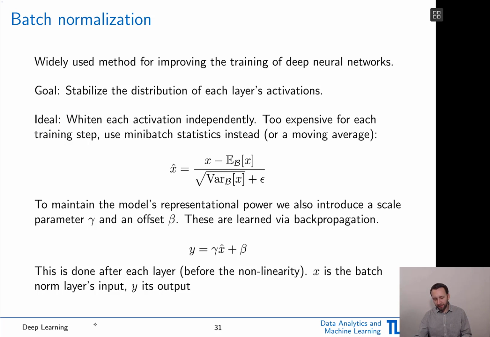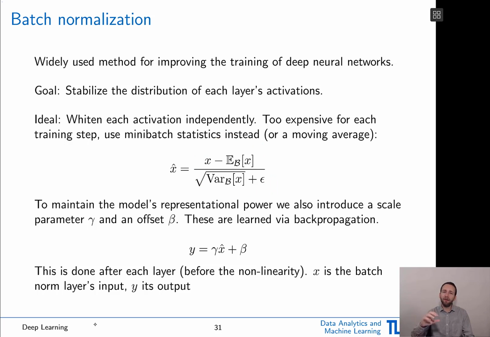Intuitively, we want to do a whitening in every layer, so to say, in every neuron. Whitening means instead of feeding the raw signal to your layer, you first normalize it. You subtract the mean and divide by the standard deviation plus some epsilon to avoid division by 0, right? So this is like a whitening.